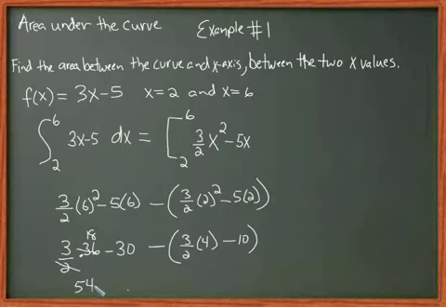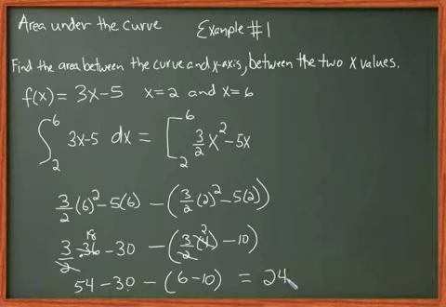So that's going to be minus 30, minus, okay, so then 2 goes into 4 2 times. So 3 times 2 is 6. 6 minus 10, okay, is equal to, so we have 54 minus 30 is 24, minus parentheses 6 minus 10 is negative 4.